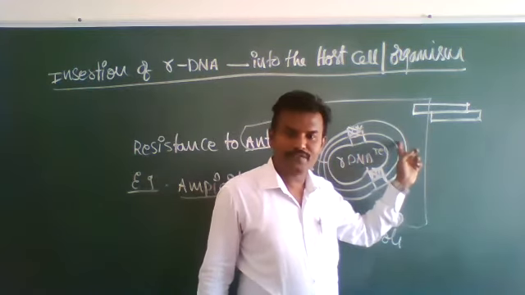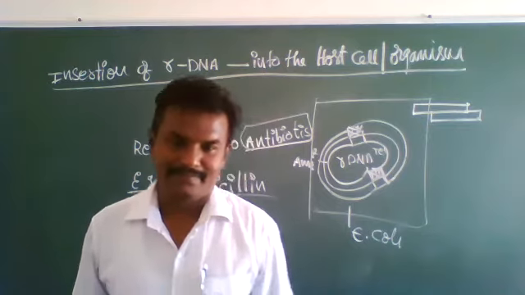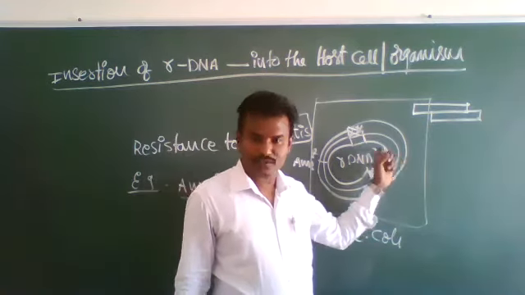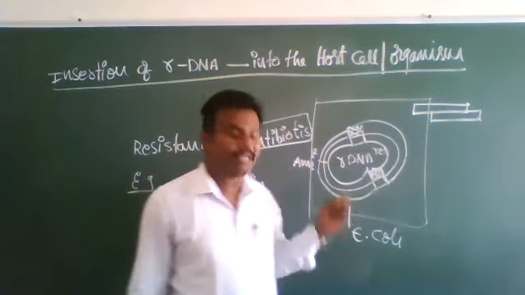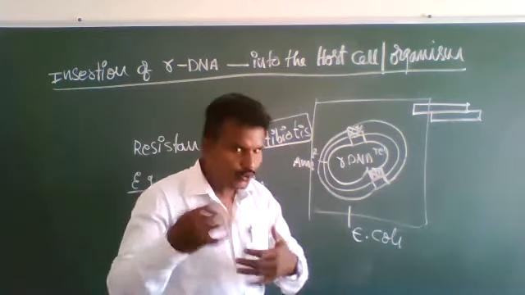So due to the insertion of foreign gene, the tetracycline gene lost resistance. The tetracycline gene lost resistance to tetracycline, but still has ampicillin resistance. That is the point to know.